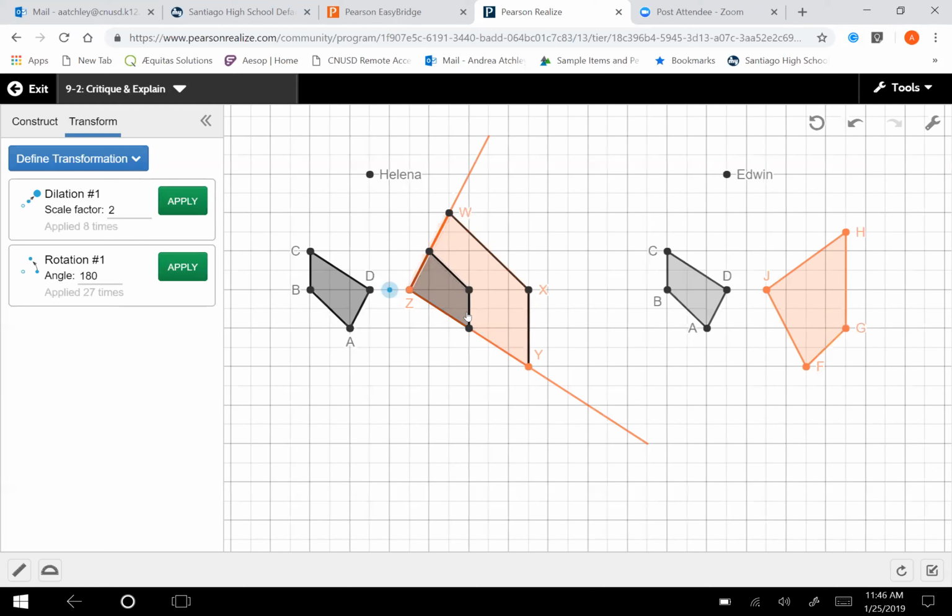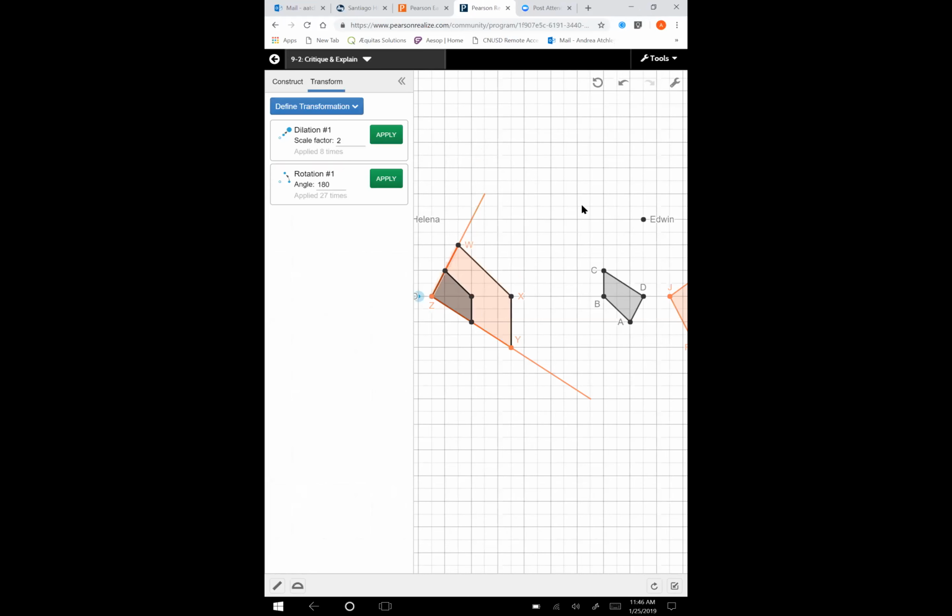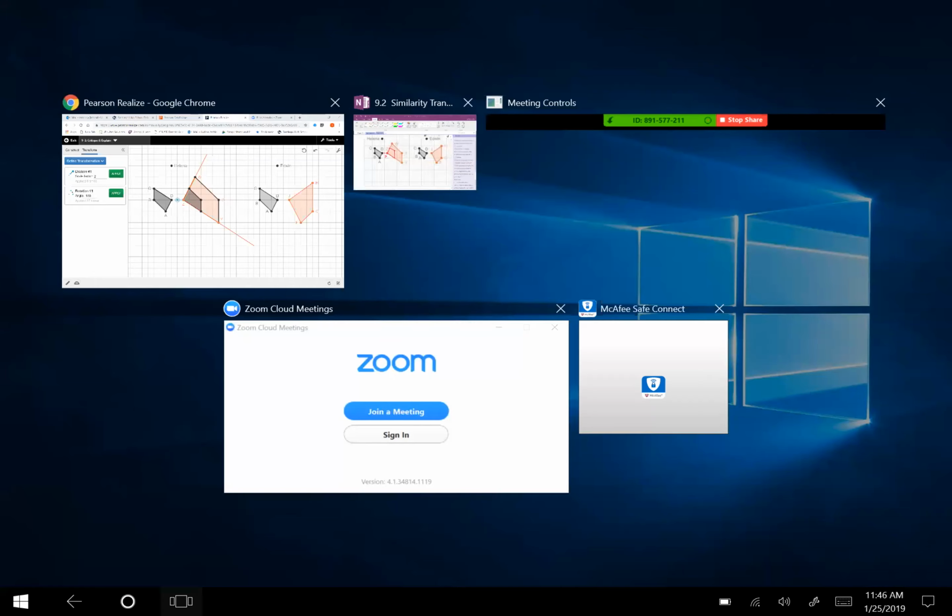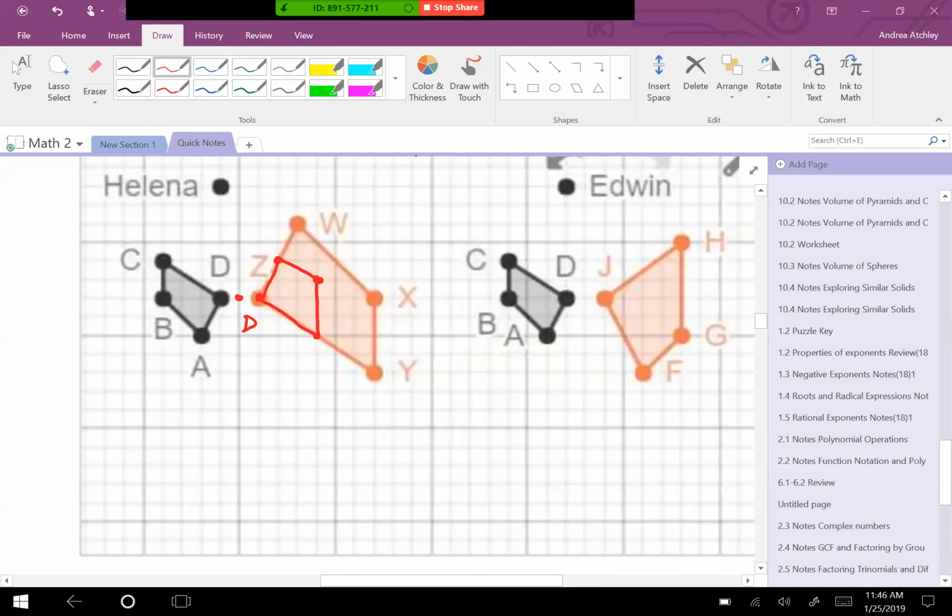Okay, so in our notes, we're going to dilate this. So this was our A prime. This was our B prime.